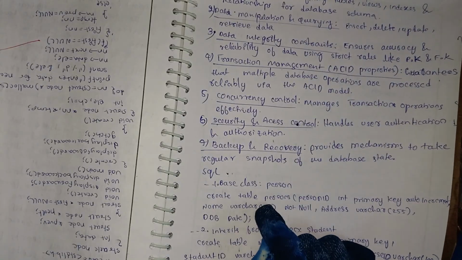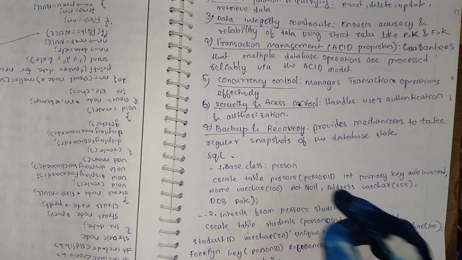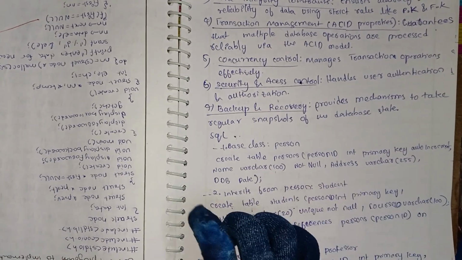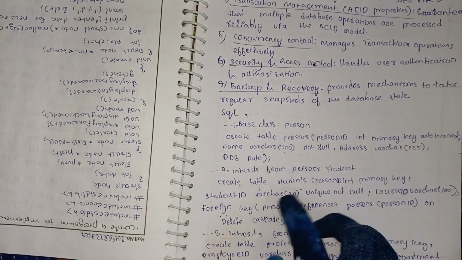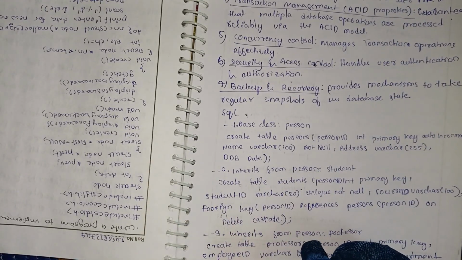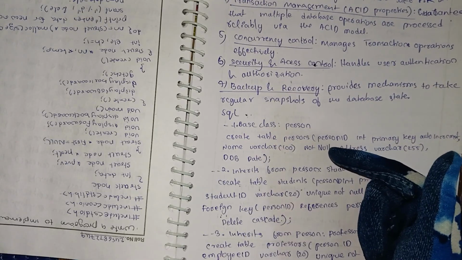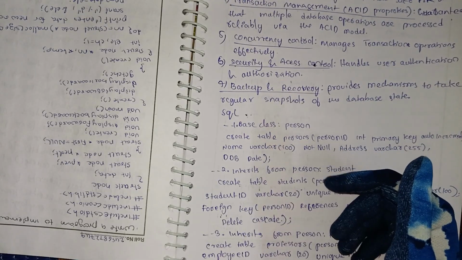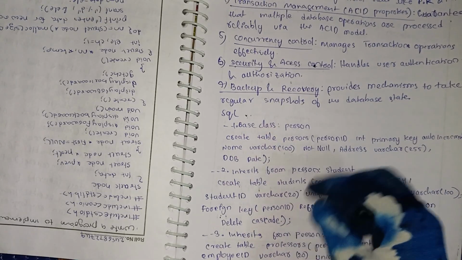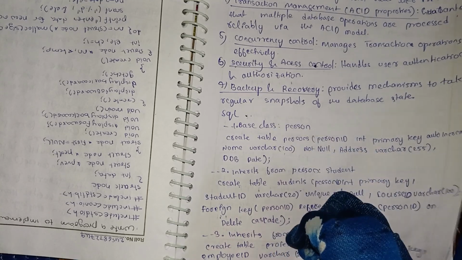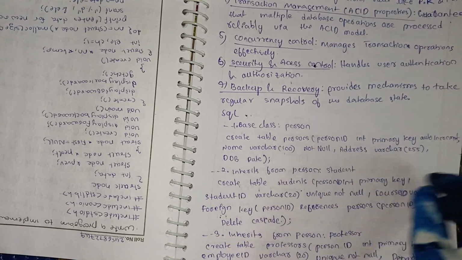So in the persons table, if a record is deleted, then the student table and professor table also delete that same record. Because they are related, these three tables are related to each other through primary keys and foreign keys.